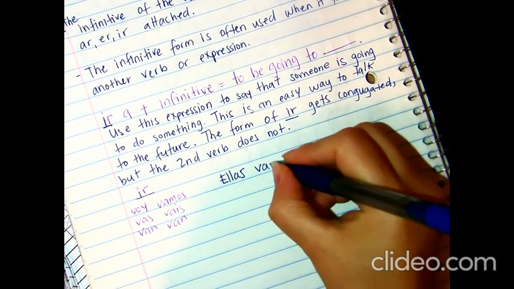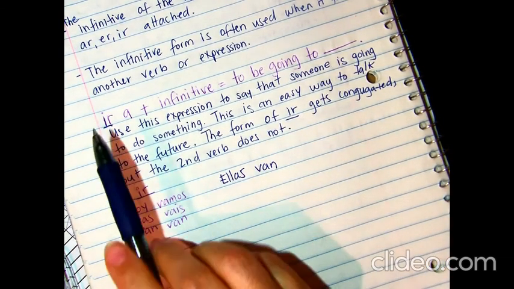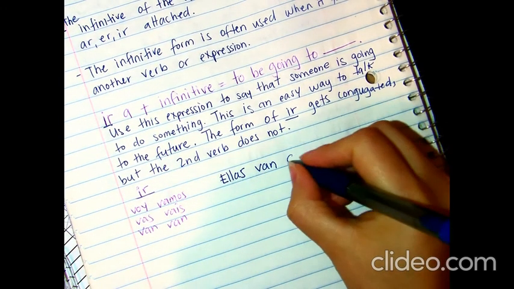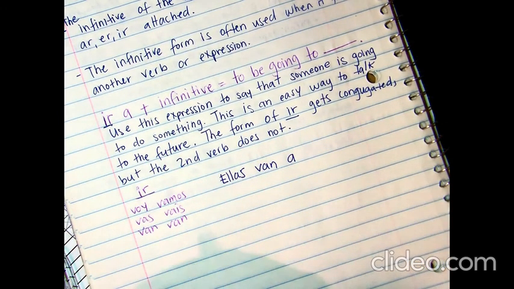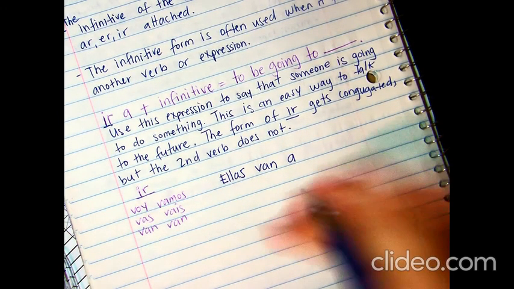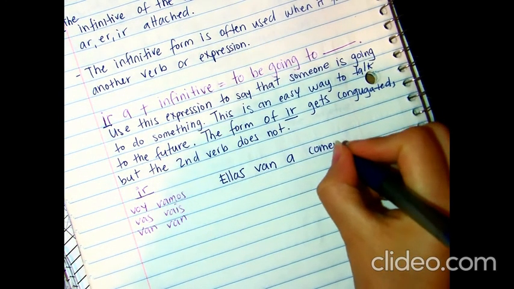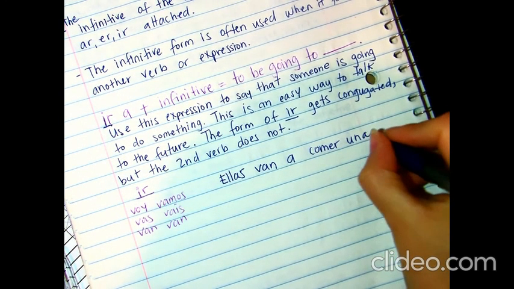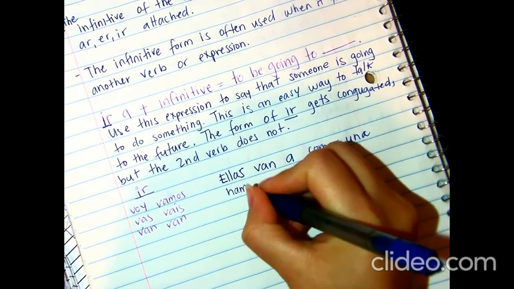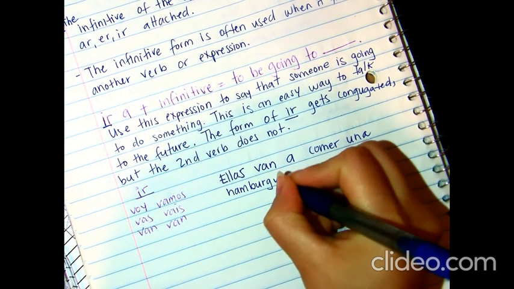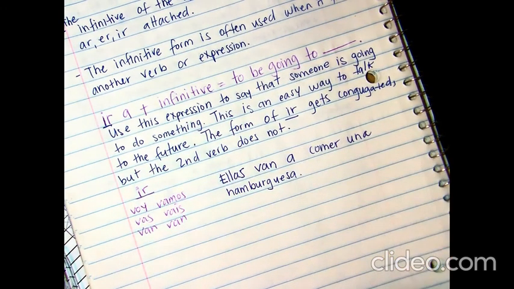Ellas van, and then I need the preposition a, van a, and then comer una hamburguesa. See that?